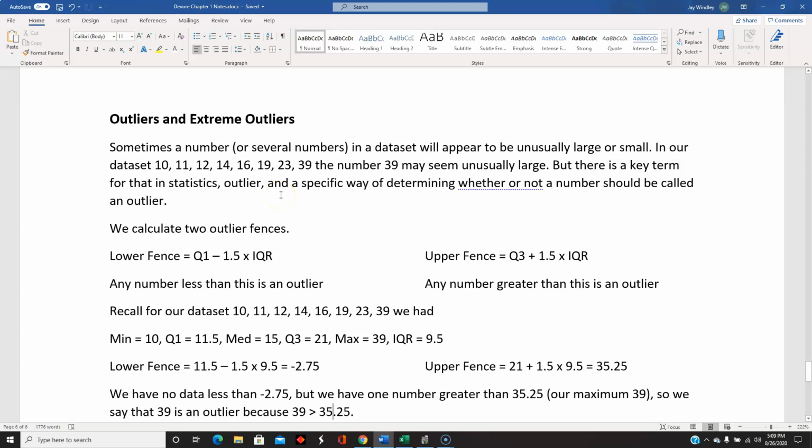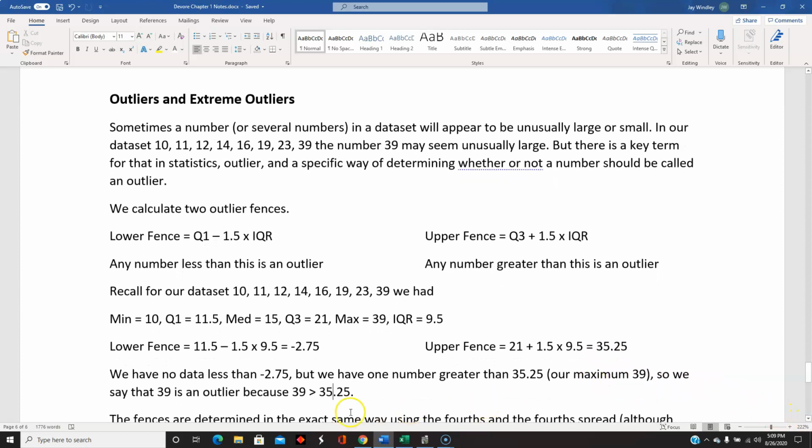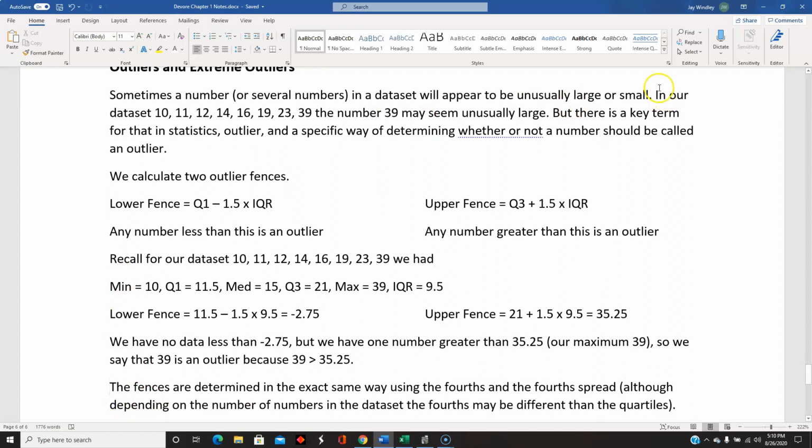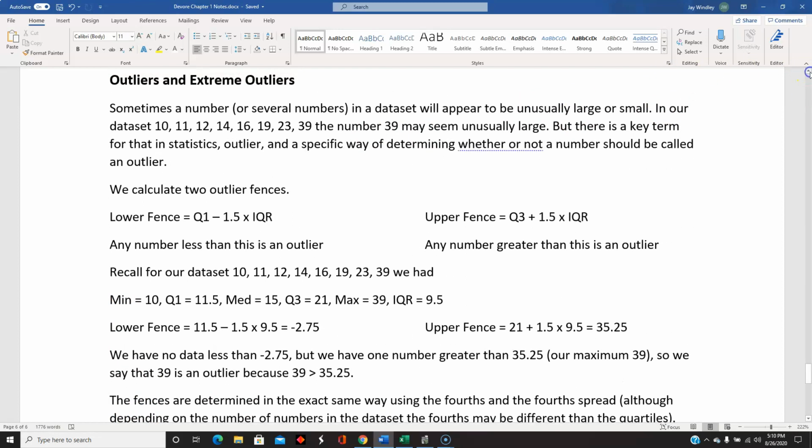We call such a number an outlier, but there's a criteria that has to be met in order to call a number an outlier. So we start by calculating two outlier fences. And we do quartile 1 minus 1.5 times the IQR, and then quartile 3 plus 1.5 times the IQR. Any number less than the lower fence is considered an outlier, and any number greater than the upper fence is considered an outlier.